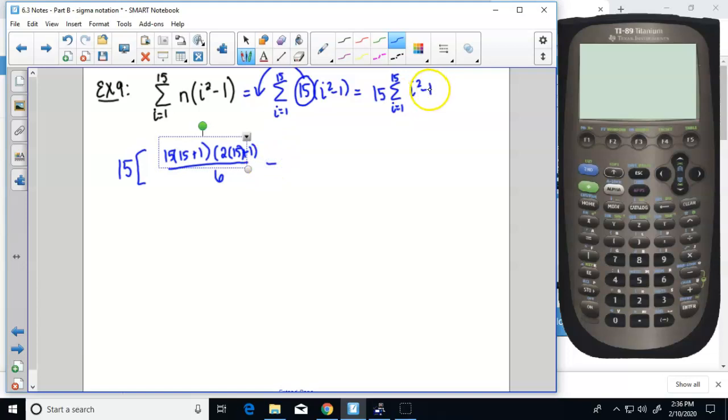Minus, this is just a constant, so I'm going to do 1 times 15. And so that's going to give me 15 times 16 times 31 all over 6.